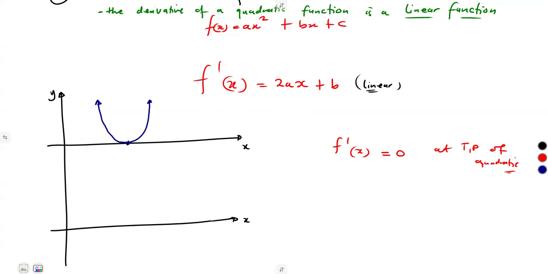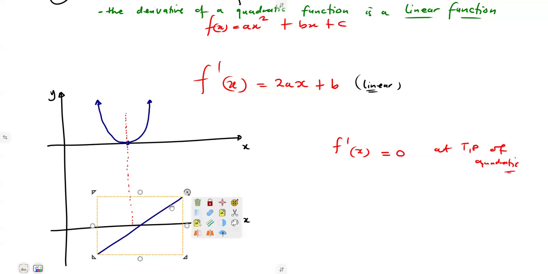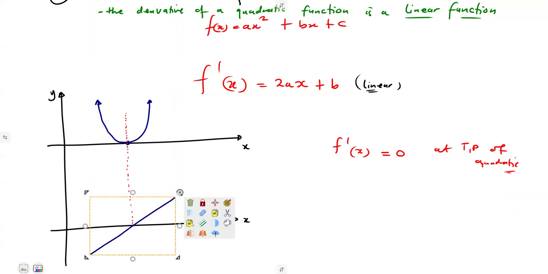And that is the first derivative representing our linear function. So if this was drawn, it was going to be something like this with an increasing, positive gradient, where the value of x at the turning point is the same as the value of x here for the x-intercept of our linear function. It will be the x-intercept.